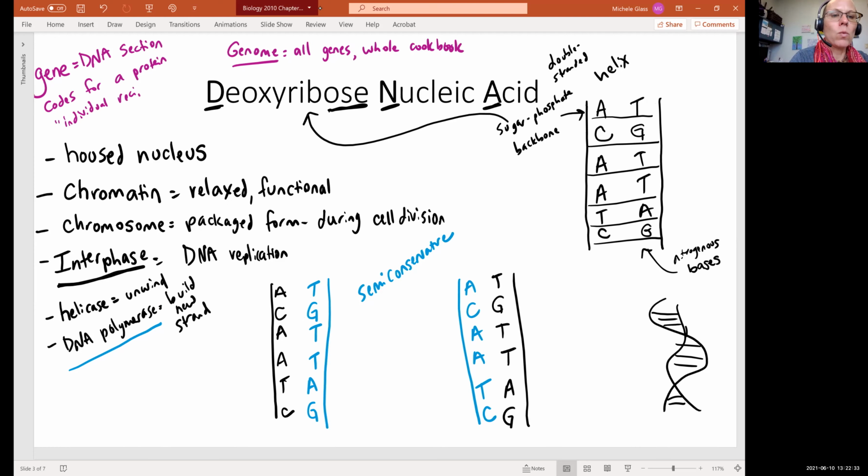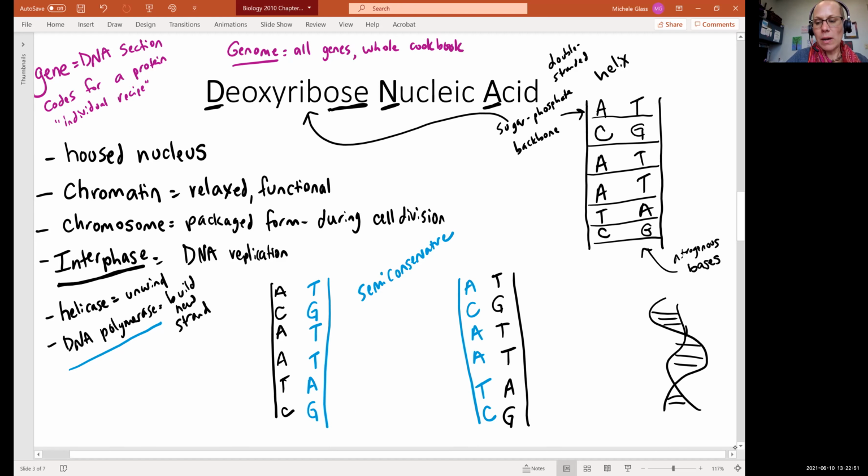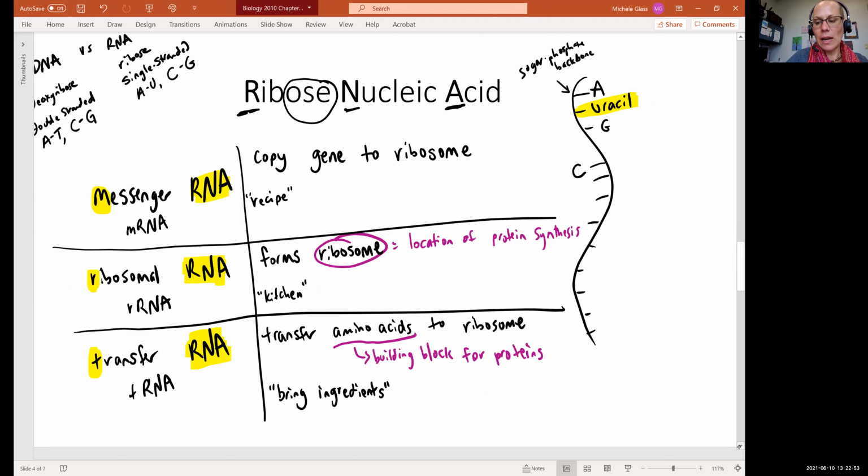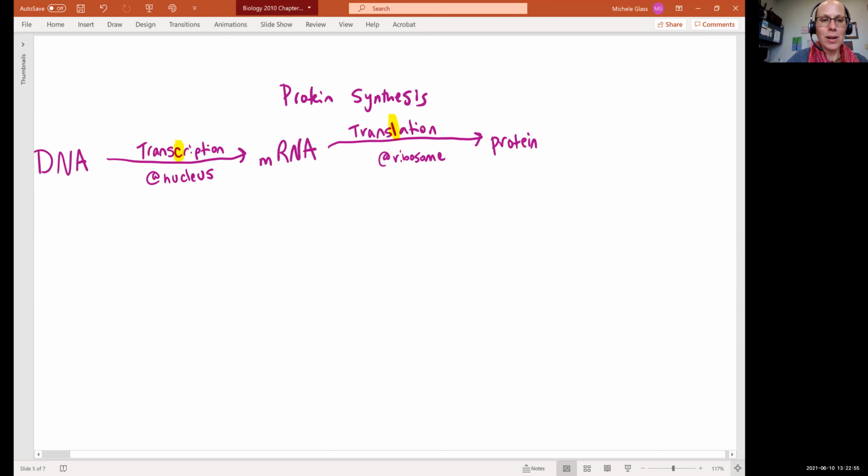This is just like one dish. Recipe for one dish would be the gene. This is our functional section of DNA, right? Is the gene. So when we're talking about making a protein, we're talking about taking that DNA and converting it into mRNA.